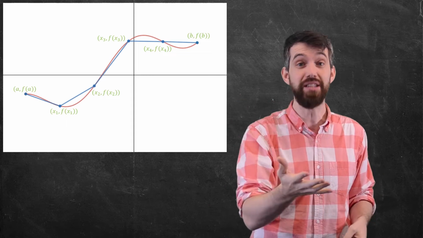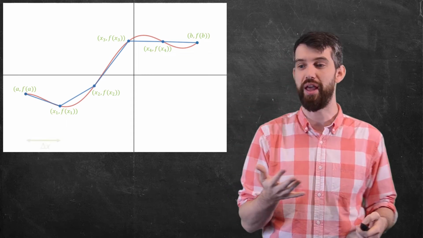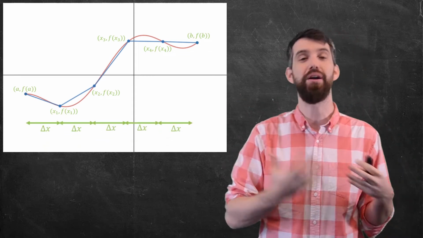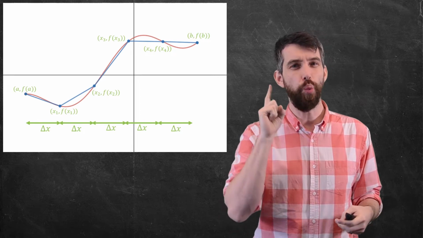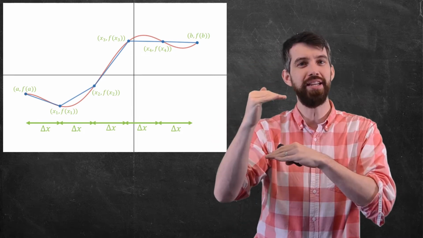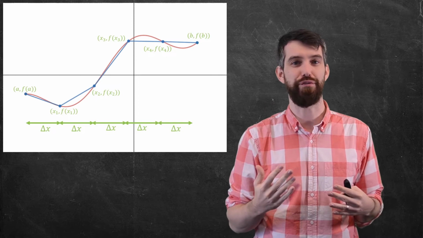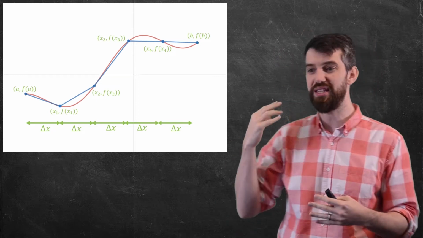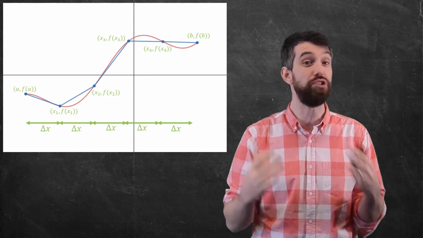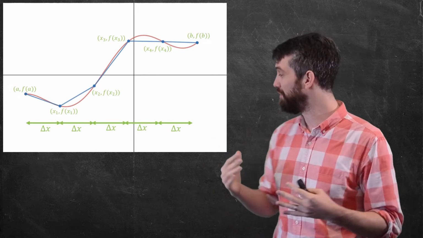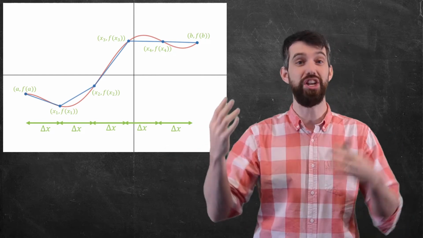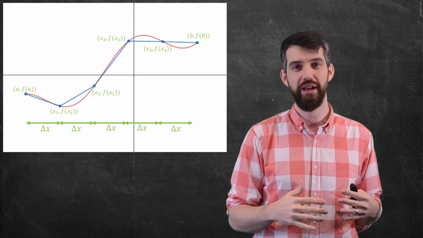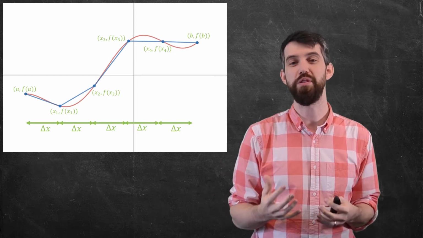All of the delta x's I will presume are the same. But the delta y's, the changes in height, are different for the different xi's. Going from x4 up to b, it's basically flat, with almost no change in y at all. But going from a to x1, the change is negative. It goes down. So the delta y's are going to be all over the place.